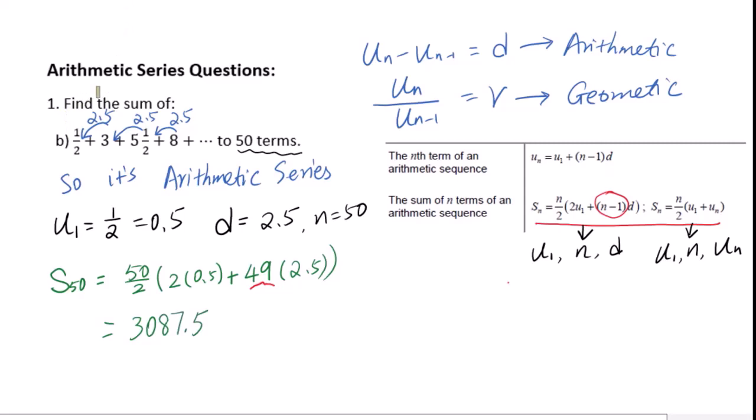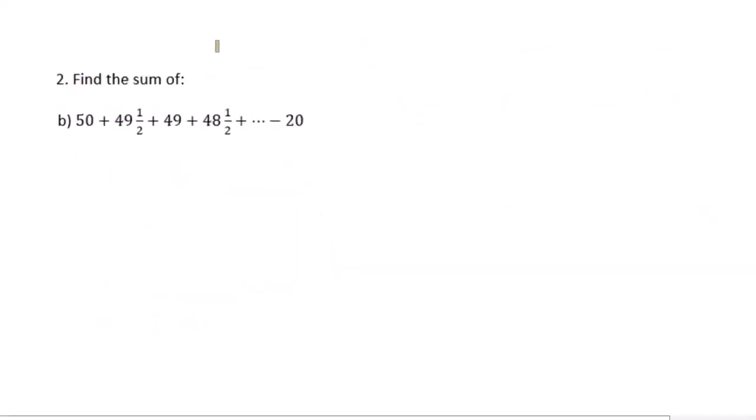So remember, when you work out the sum of certain series, you need to check what kind of series it is. Let's go to number 2. Find the sum of.